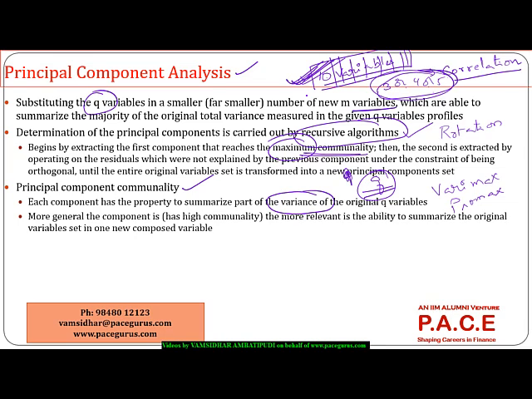What we generally observe is that the first few components themselves take care of explaining maximum variation of the original variables. That is the advantage of principal component analysis, which is drastically reducing the size of the data to a large extent.